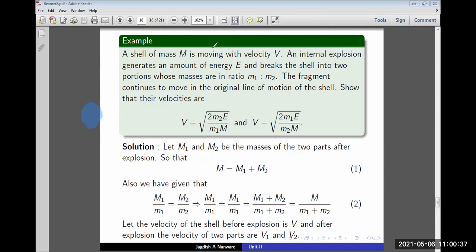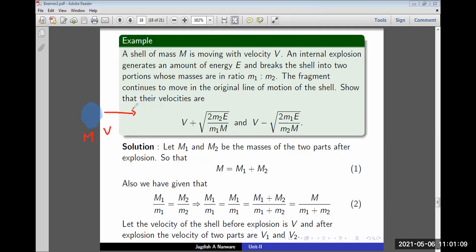Say that mass is capital M. The mass of the shell is M, and it is moving in any direction, and its velocity is denoted by P. Suppose it is moving in the horizontal direction, right?